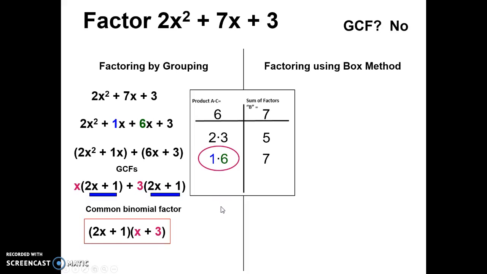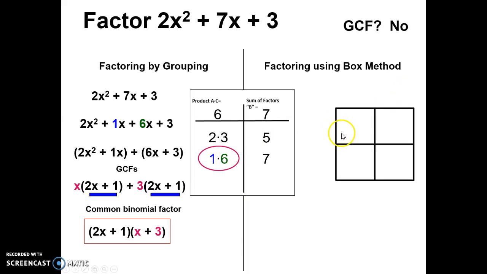I checked, it's good. If you're using the box method, your 2x squared goes here. Your plus 3 goes here. You're going to put 1x and 6x in these two boxes. It doesn't matter where you put them. GCF in the top row is 2x. GCF in the bottom row is just a positive 1.